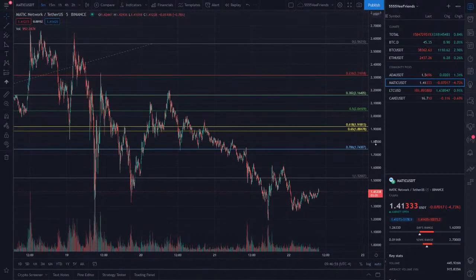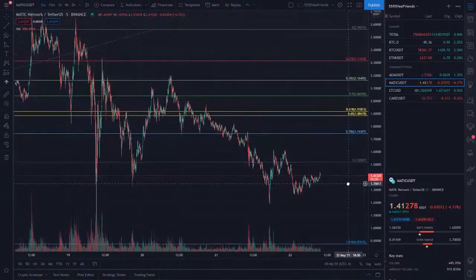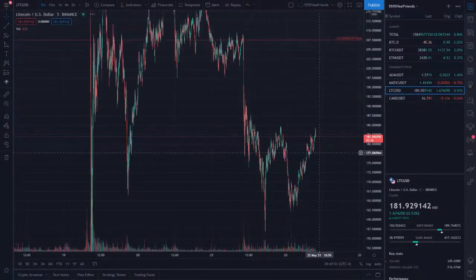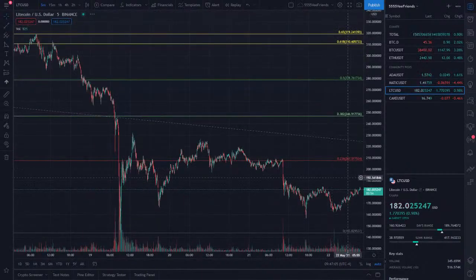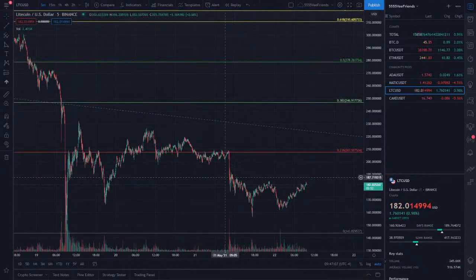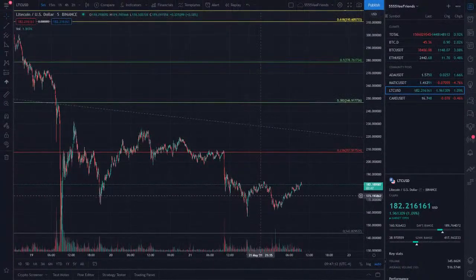Matic. It's kind of just prancing around. Litecoin. Litecoin's playing around a little bit as well, just consolidating.